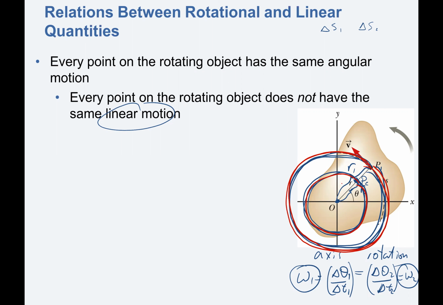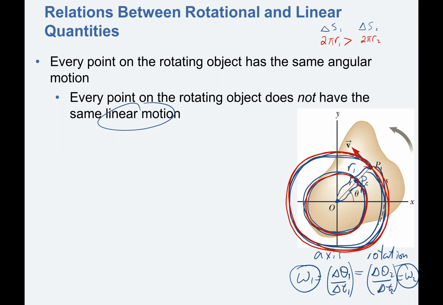So what is delta S1? Delta S1 is 2 pi R1. Delta S2 is 2 pi R2. Which one is bigger, or which one is smaller? Are they the same? Remember, this is the circumference. The circumference of particle 1, hopefully you can see, is bigger than the circumference of particle 2.